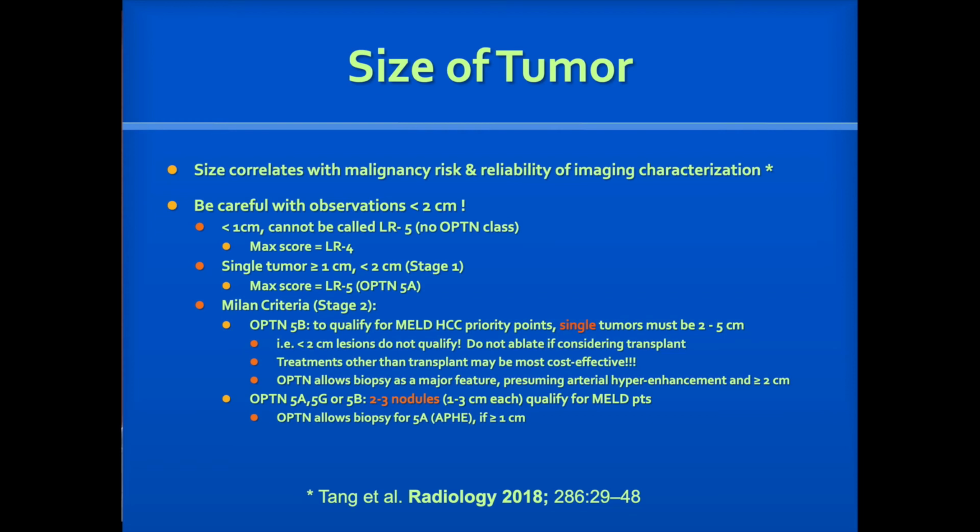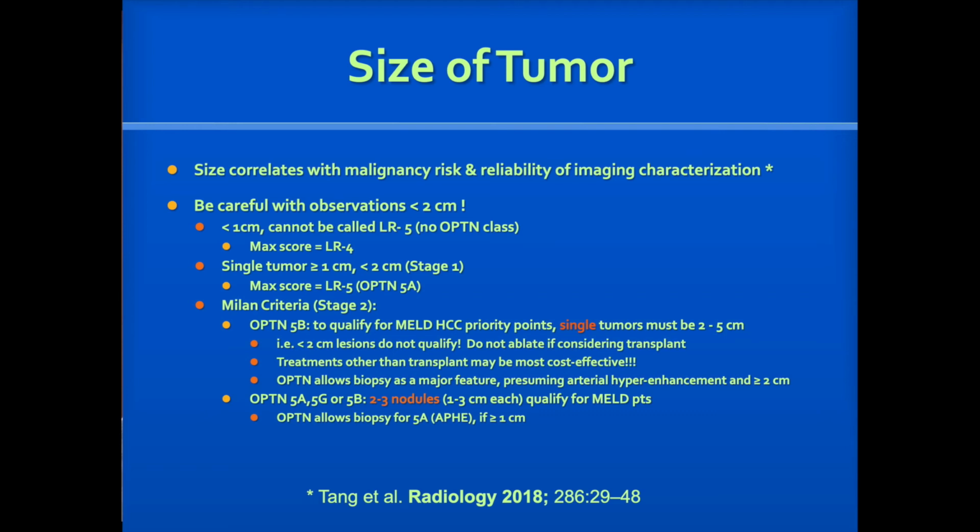And then for patients that have larger single lesions, for example, if they have one tumor that's between 2 and 5 centimeters in size that meets imaging criteria for HCC, that would be a LI-RADS 5, and it would be an OPTN 5B lesion. These would qualify for exception points based on imaging. Again, if the lesion is less than 2 centimeters, don't ablate it if transplant is being considered. At least have the transplant team evaluate the patient before any decisions are made.